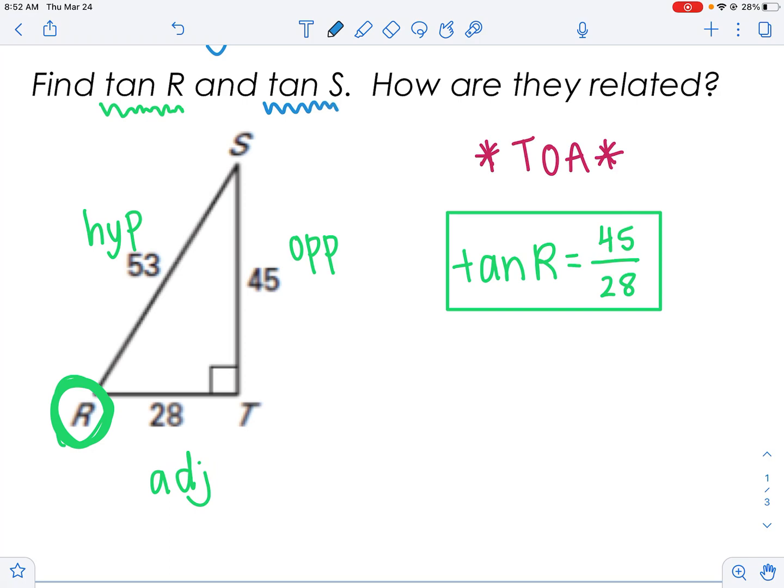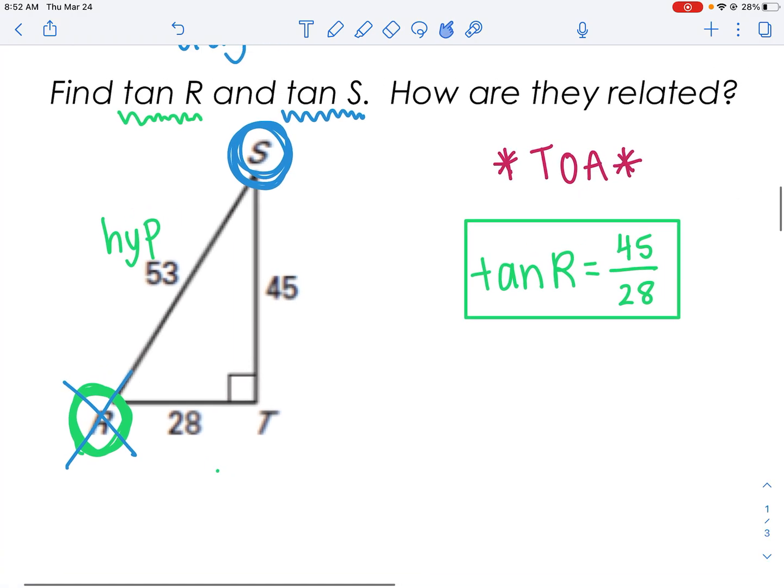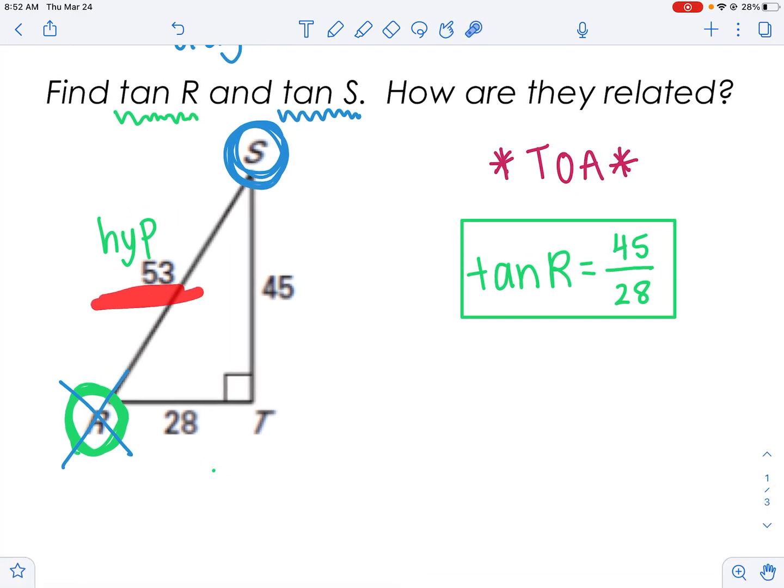Now I'm going to go ahead and find tangent of S, which means that I'm not using angle R anymore. Now I'm using angle S, which means that I need to relabel my sides. Well, the hypotenuse isn't going to change. It's still going to be the biggest one. But now, what's my opposite side?